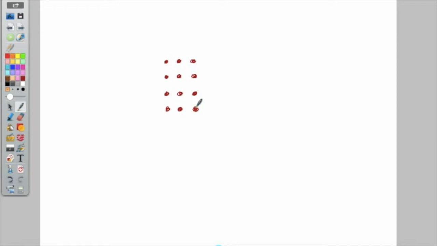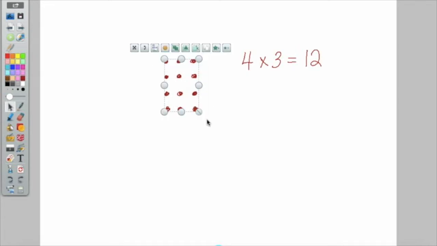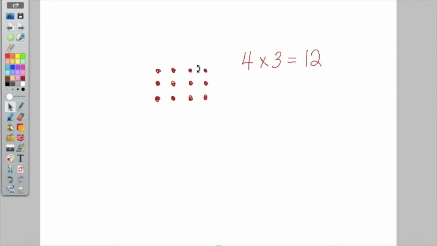What do I have here? 4 groups of 3, or 4 copies of 3. That's right. So what's 4 copies of 3? 12. And if I turn this, what do I have? Three copies of 4, or 3 groups of 4. Now if I take this first multiplication problem, 4 copies of 3, and I add, what does it look like?